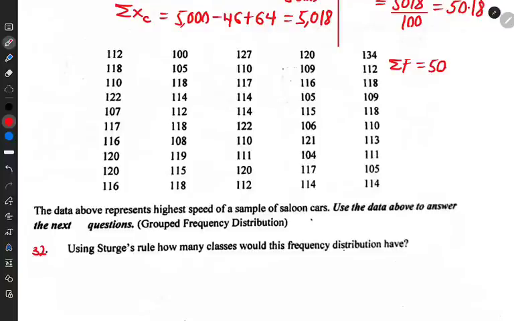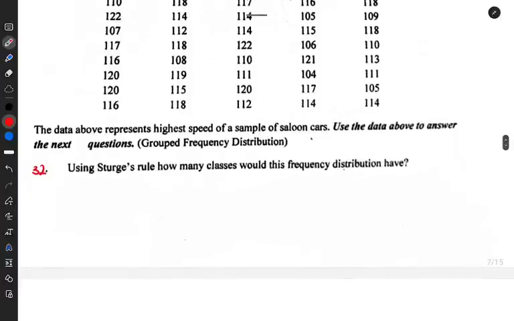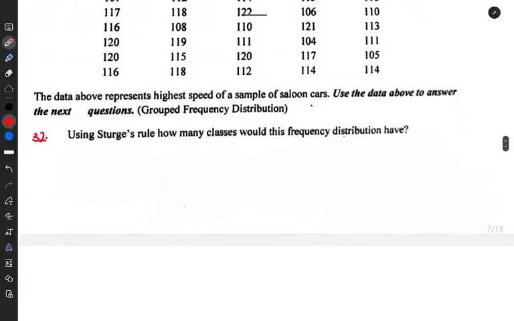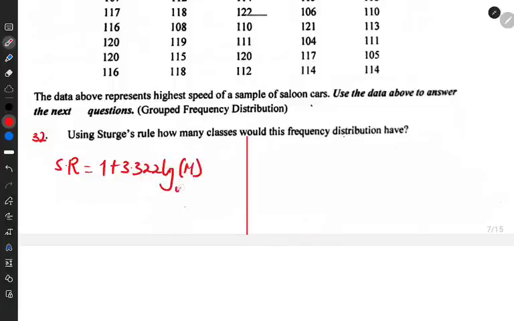Once we have that, we can apply our Sturges rule right away. As usual, with the Sturges rule, we have K equal to 1 plus 3.322 log n to the base of 10.